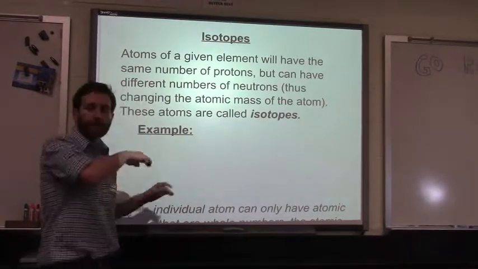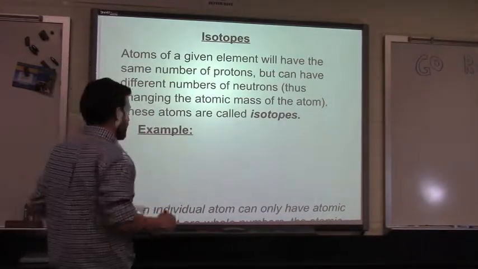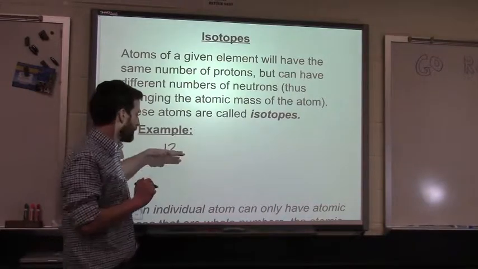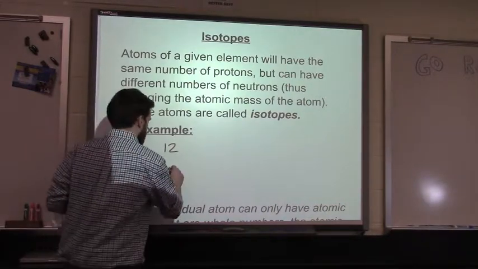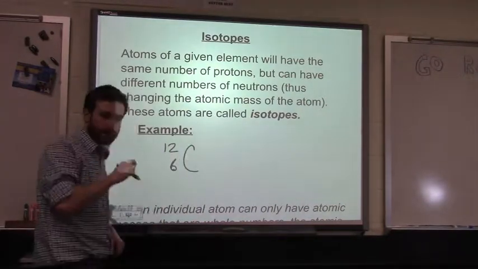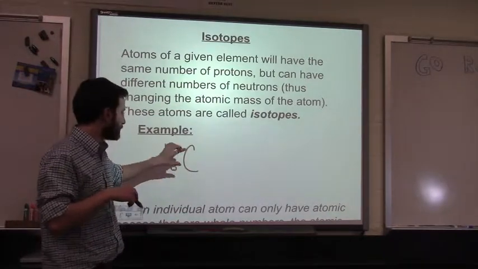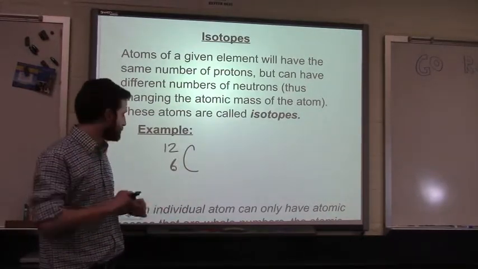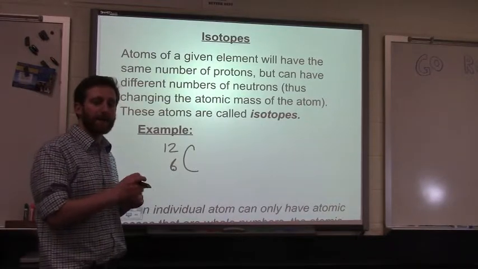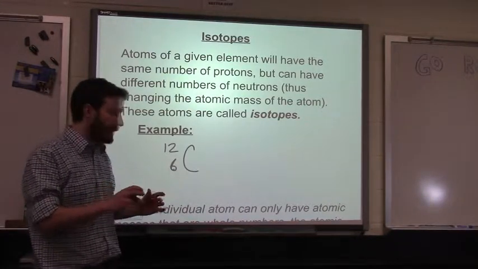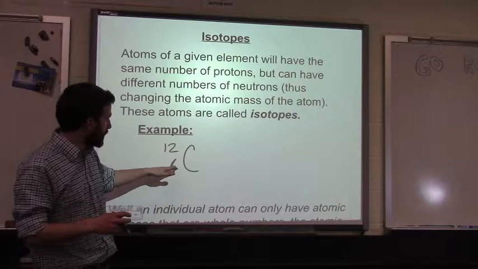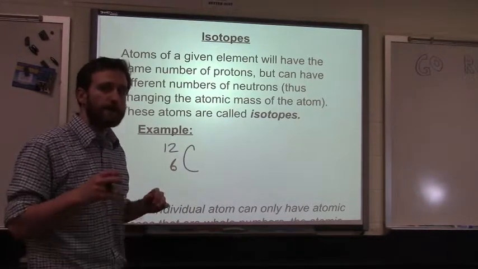We recall from the last slide that we had a carbon atom with an atomic mass of 12 and an atomic number of 6. This is the most common carbon atom in the world. But there's other carbon atoms, and they don't differ in how many protons they have. They differ in how many neutrons they have.